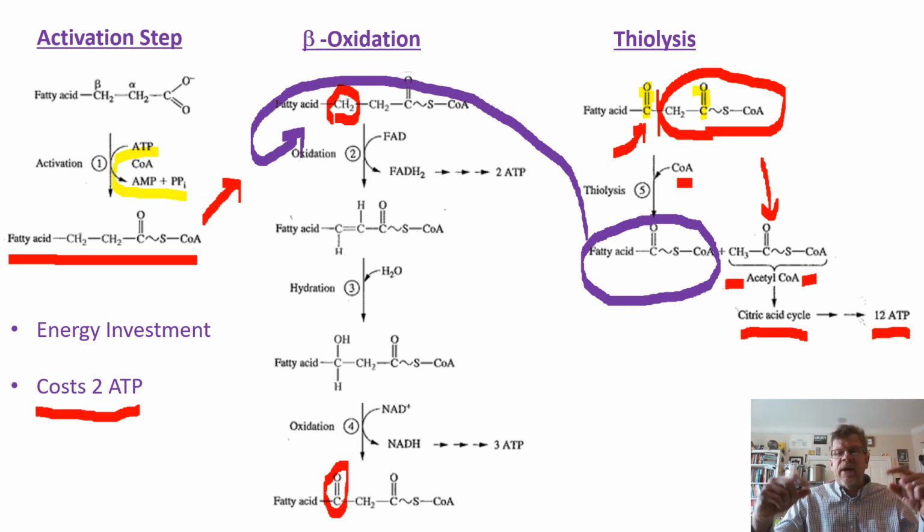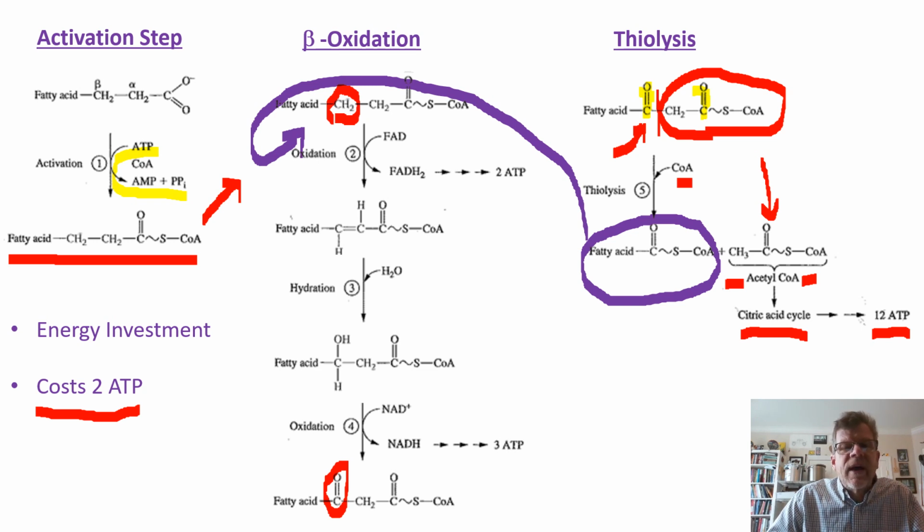Each cycle of that shortens that fatty acid by 2 carbons. It chews it up 2 carbons at a time until it's gone.